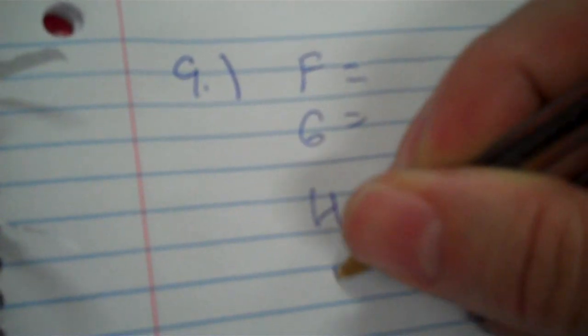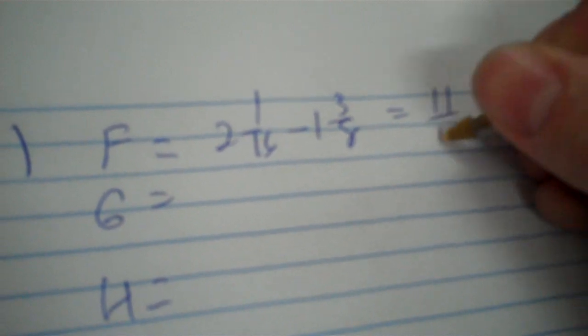Okay, number 9. Find the inches in this diagram of F, G, H, and I. I wouldn't need to label these because I don't know the label. Okay, so it's not hard. F's here. Let's find 2 1/16 minus 1 3/8. That ends up as 11/16.